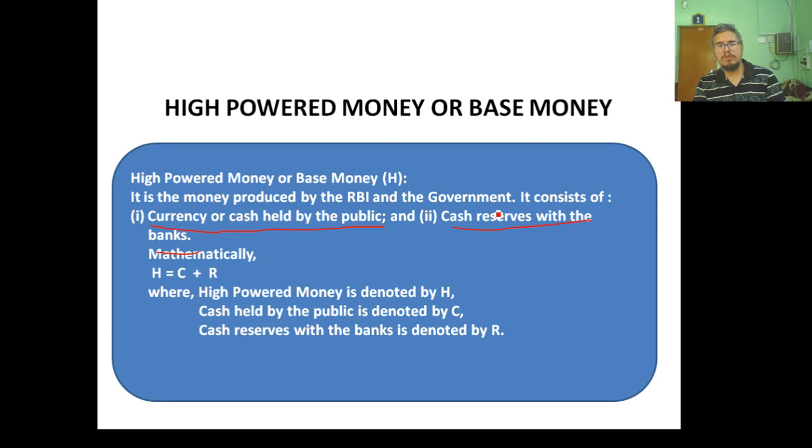You need to know one more thing, that high powered money is directly related to the amount of money created in the economy or the amount of money supplied in the economy. So the higher the value of high powered money, that is C plus R, the higher will be the money supply in the economy.